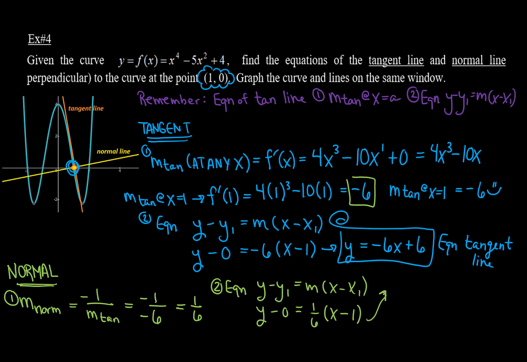And then this one I can solve pretty easily just by distributing the 1/6 out. And if I graph that normal line, I'll see that it looks like the yellow line, and that it's perpendicular to my tangent.